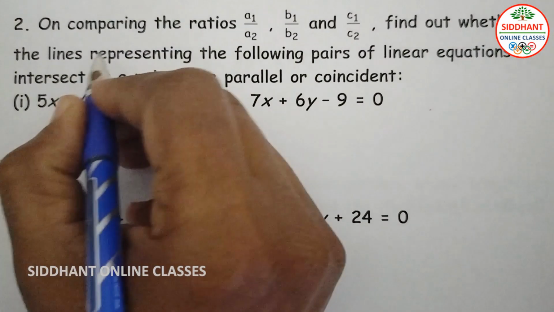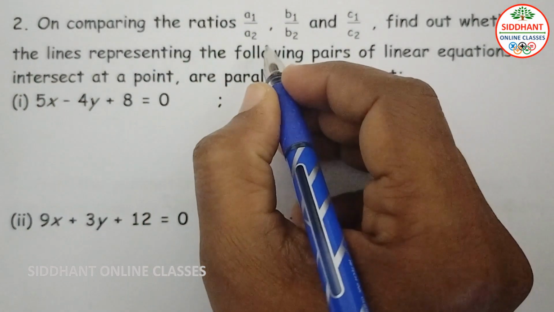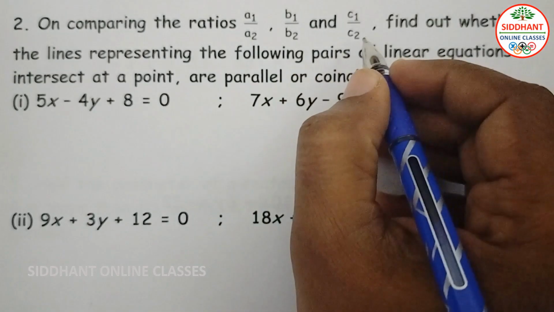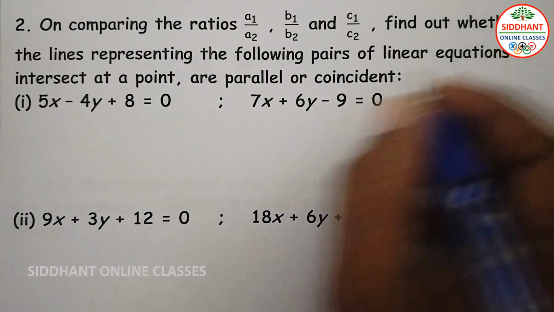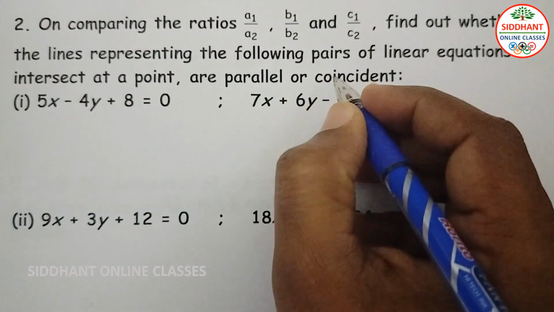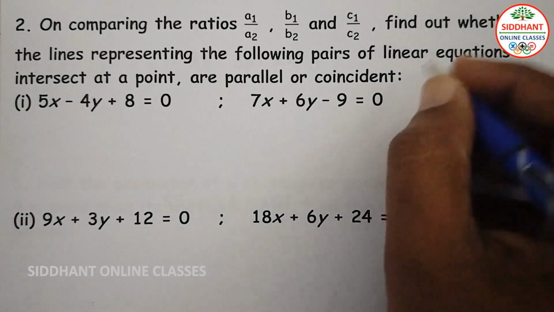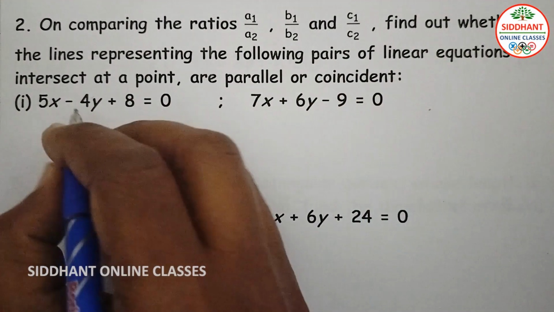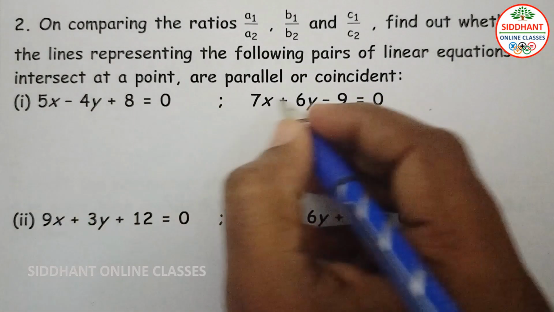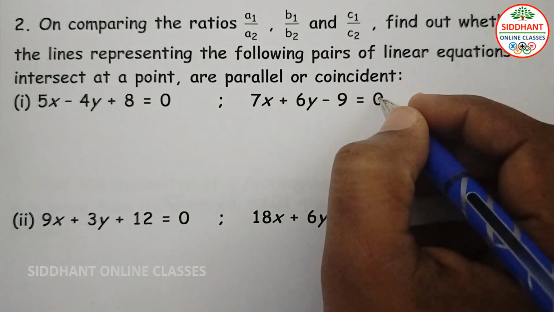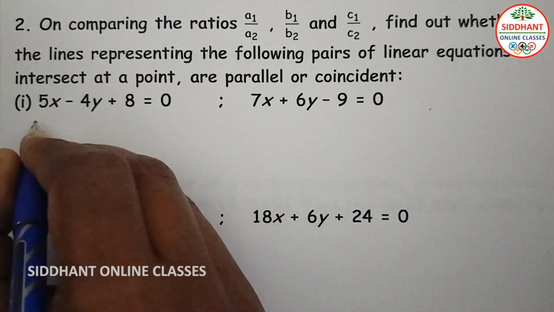Question number 2. On comparing the ratios a1 by a2, b1 by b2 and c1 by c2, find out whether the lines representing the following pairs of linear equations intersect at a point, or are parallel, or coincide. So here the equations are given.